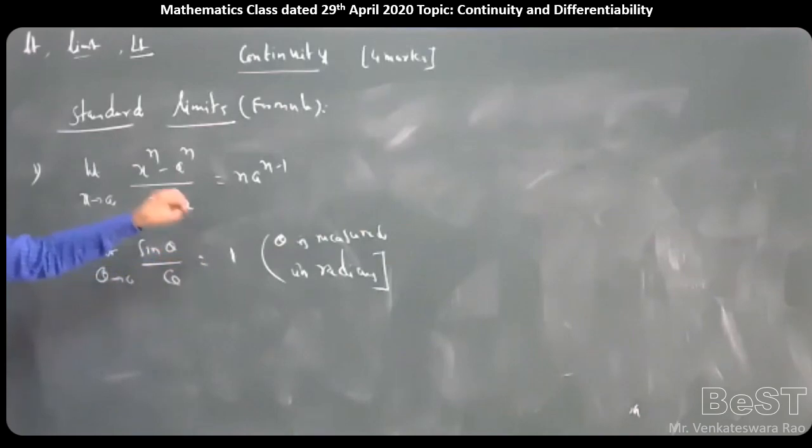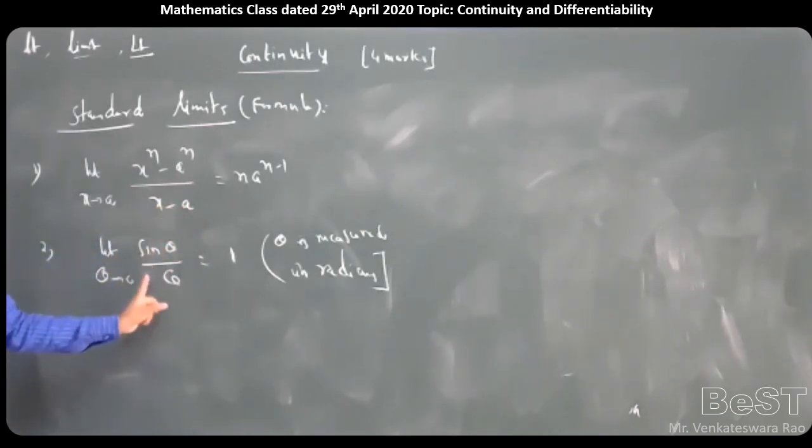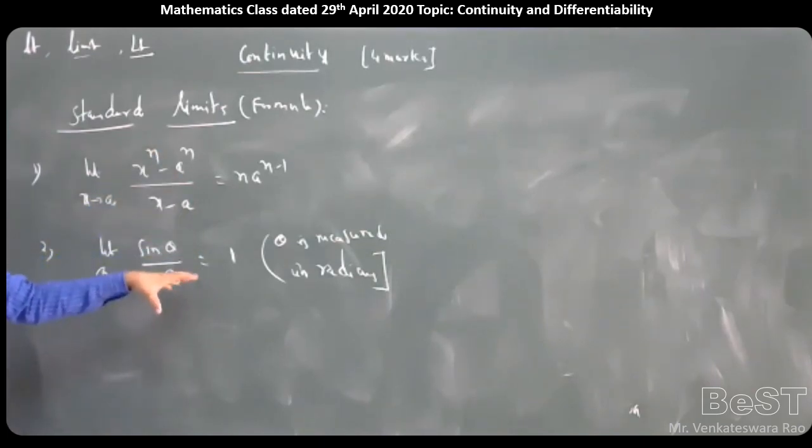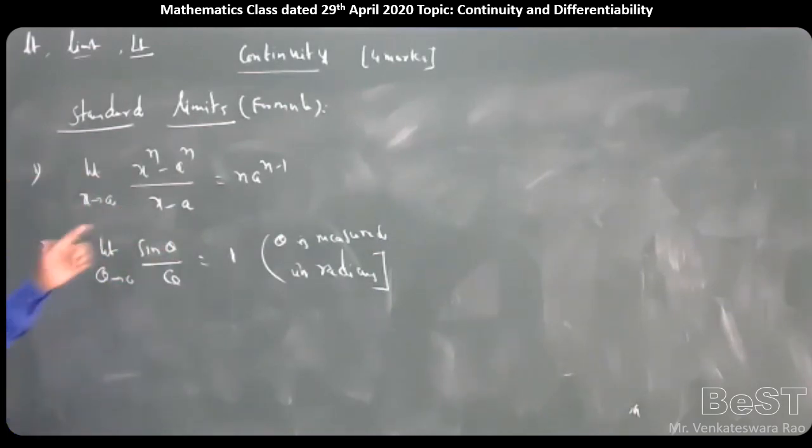Second, in calculus, the measurement of the angle is always in radians. What formulas you are practicing are only for the radians system. That is the second important point. Third important point, logarithm base is always e.